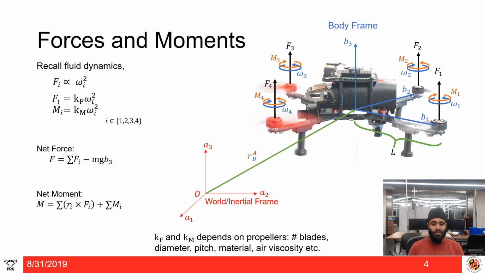Or similarly for moments, your summation of r cross Fi plus the summation of other moments must be 0. But this doesn't necessarily mean that it's a hovering state. But we are going to assume that it's hovering state, although it might be having some initial velocity. But let's assume for now that the quadrotor is hovering at a fixed position.